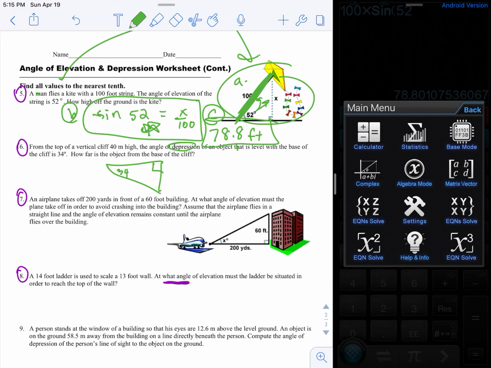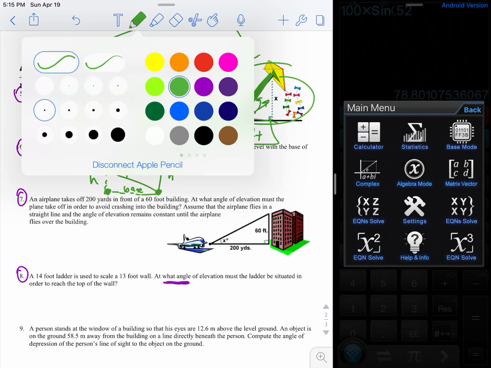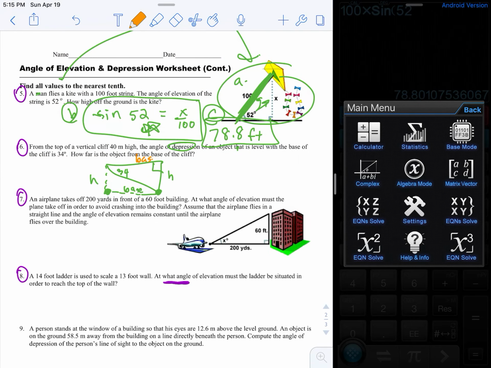So 34 degrees goes there. How far is the object from the base of the cliff? This is the height, which is the same as this. If this is the base, then so is this.